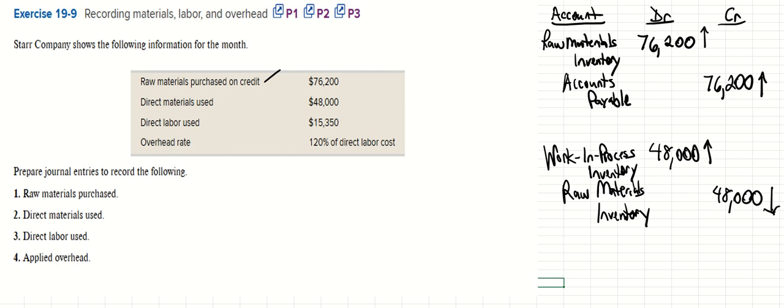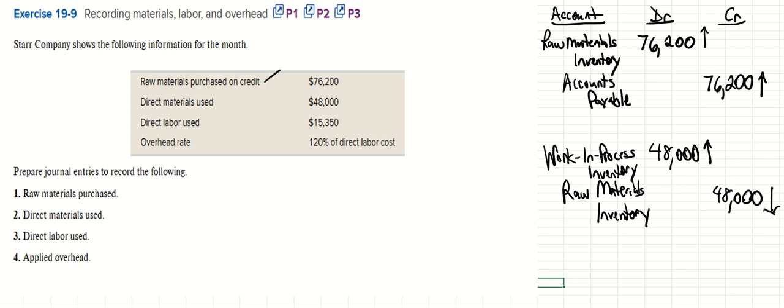It's not going to be separated out by raw materials or work in process or finished goods. You're just going to see inventory or inventory net amount. So again, raw materials and work in process are account descriptions for internal purposes, but it is going into ultimately the inventory account.